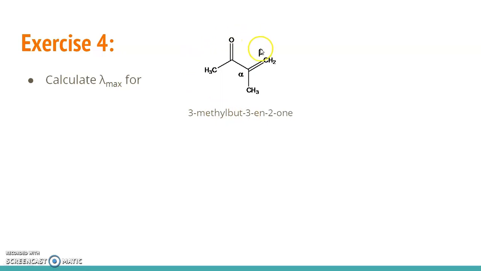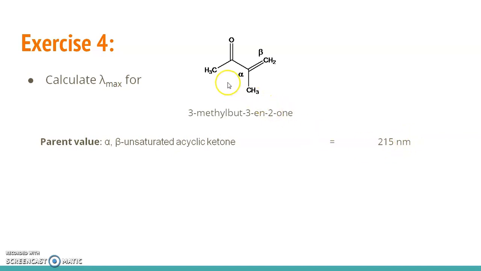First, look for the base value. It is an alpha beta unsaturated acyclic ketone. Since there is no ring structure here, it has 215 nanometer as a base value.